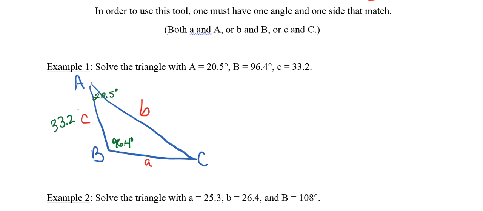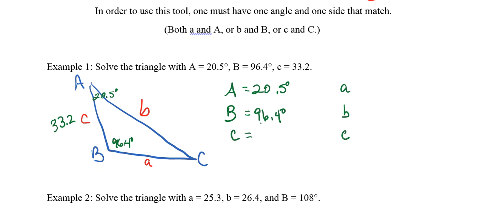Now, just like before, triangles still only have 180 degrees. It doesn't matter if they're right or not. So finding angle C is not a big deal. We're just going to do 180 minus. I'm going to go ahead and organize this before I get too crazy with solving. I know that A is 20.5 degrees, B is 96.4 degrees.